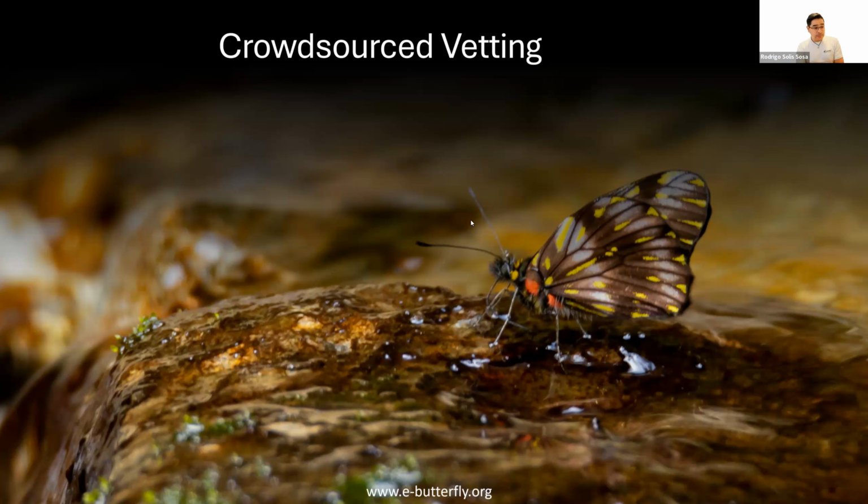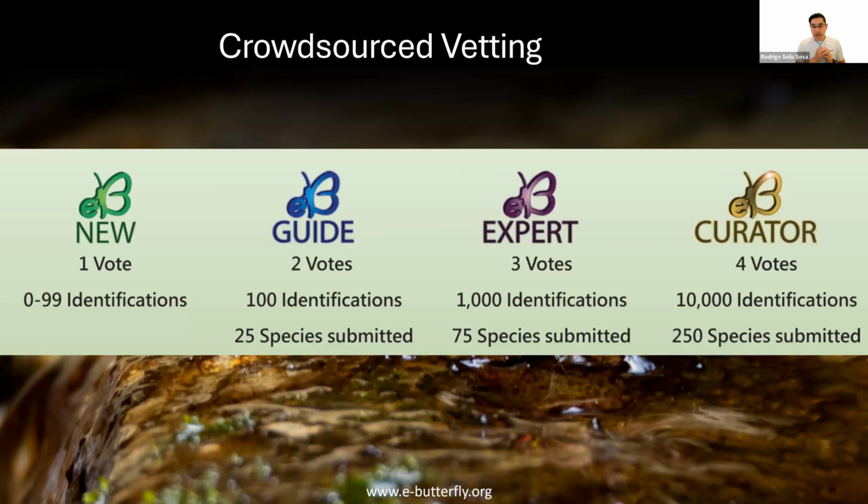In our case, we tried to balance things out a little bit more in that regard through our multi-level crowdsourcing vetting system. And that basically is, the more experience you have within our site, the more your vote will be worth.